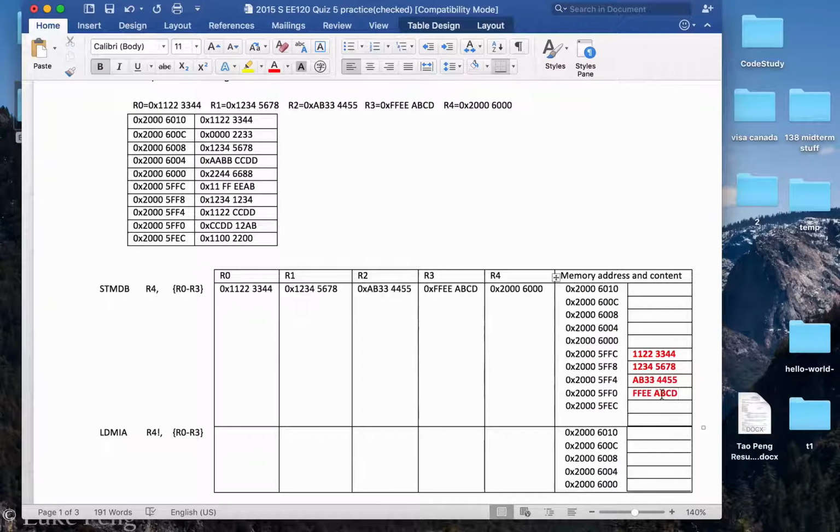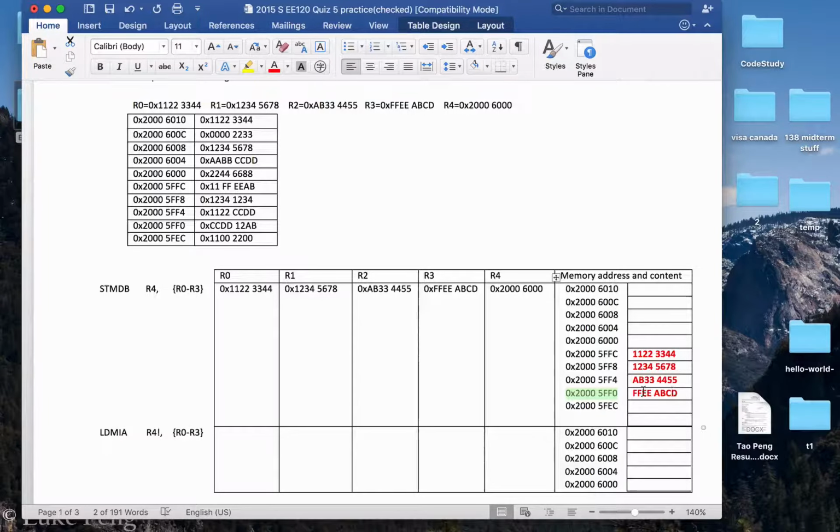Once I finish this, my pointer will stay here, because from here I decrease first, then I store. So I start here and stop here. Finally my pointer will stop here.